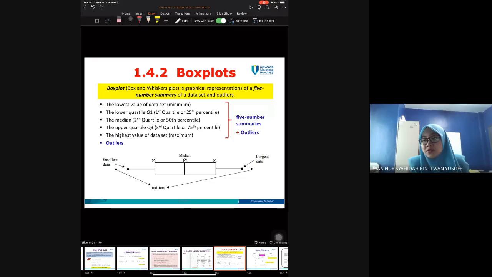And then we have the Q3, and then we have the maximum value. So these are the only values that we plot in our box plot. Another value that we plot is an outlier, if it exists in your data set. Other than that, we do not plot in our box plot.